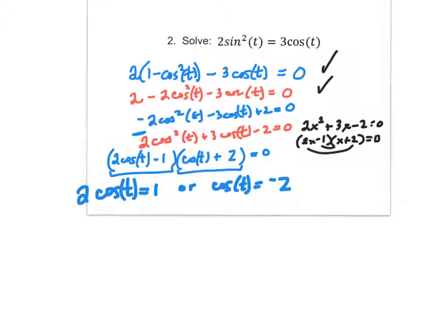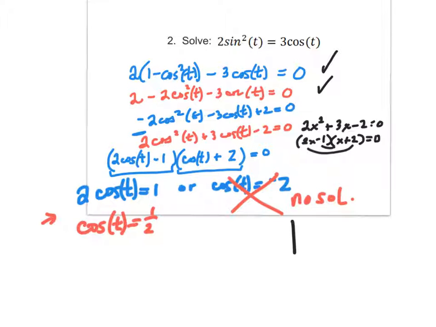Well, when I look at this, one of the things that I recognize right away is that I'm never going to have a cosine of t equal to -2. So that just tells me there's no solution for that little piece. But over here, I can continue working, and I'm going to divide both sides by 2. So now that tells me that the cosine of t is equal to 1/2.